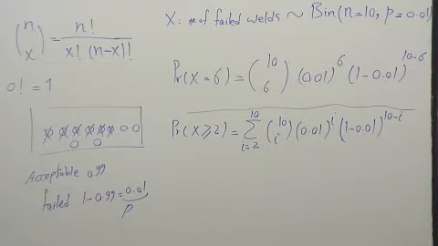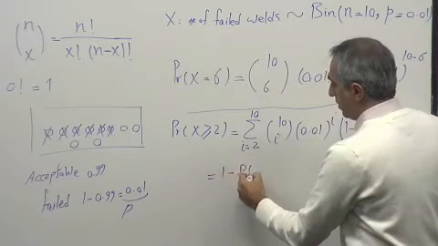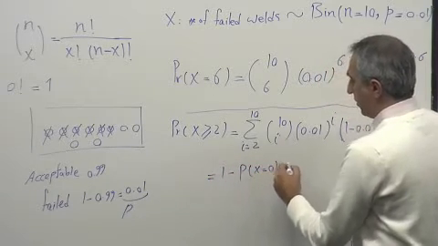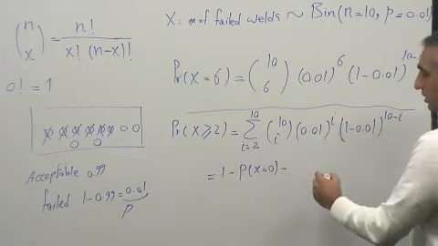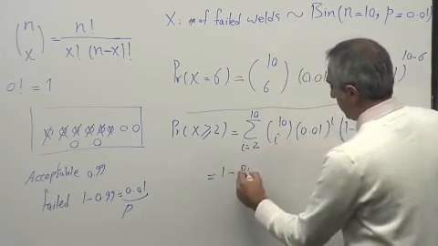So you need to add up 8 or 9 terms. Exactly. That's another way to do that. A simpler way is to do the complement probability, which is 1 minus the probability of x less than 2.